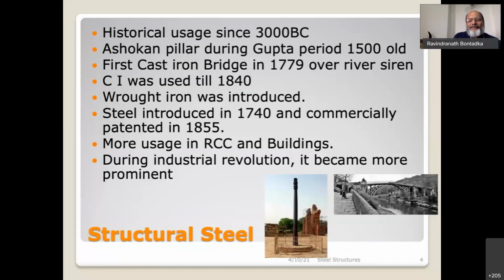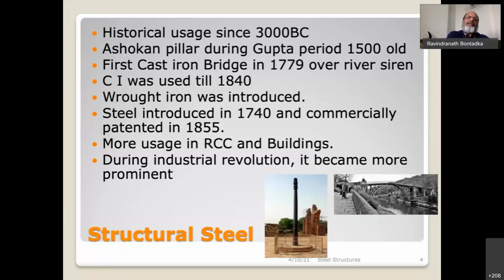If you remember, iron started being used in construction, and the first to be used was a cast iron bridge, which was built over the River Severn in England in the year 1779. So the first to be introduced in that series was cast iron, and it was used till 1840.